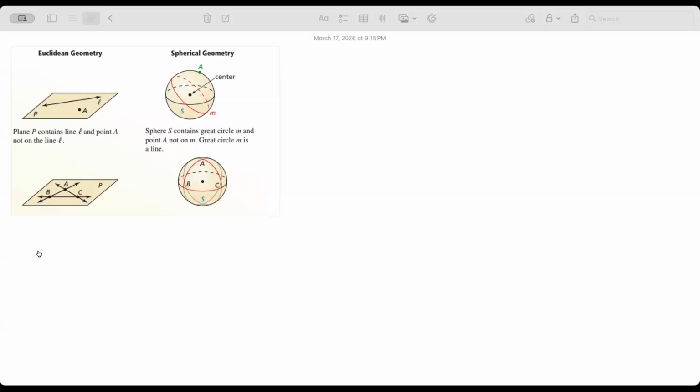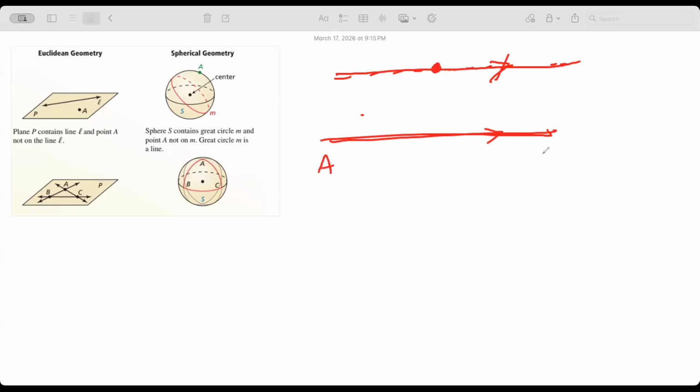Okay. You have heard of the parallel postulate in Euclidean geometry, correct? In Euclidean geometry, if there is a line and a point not on the line, there is exactly one line that goes through the point and is parallel to the given line.